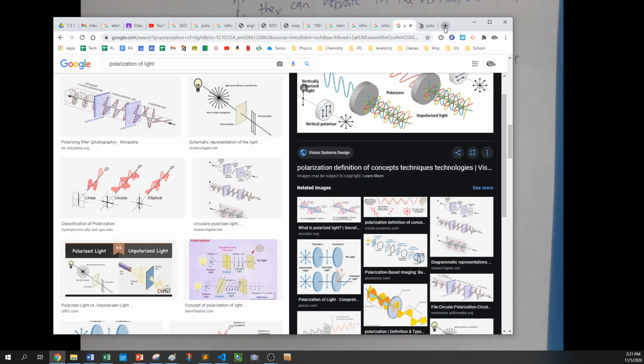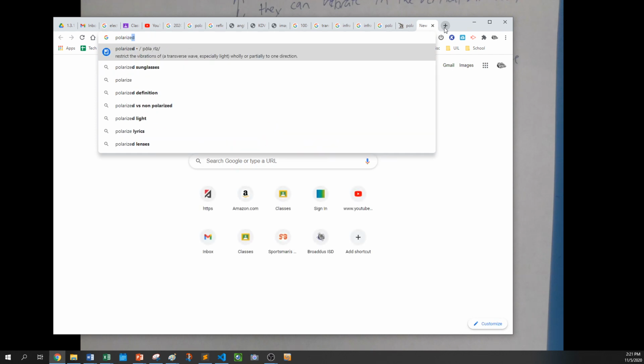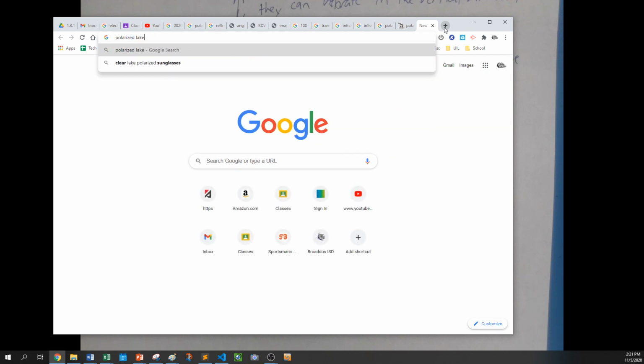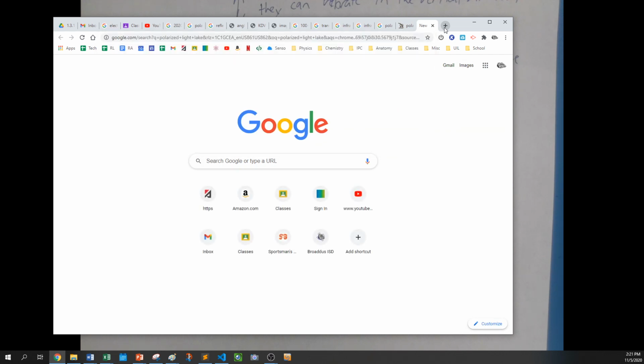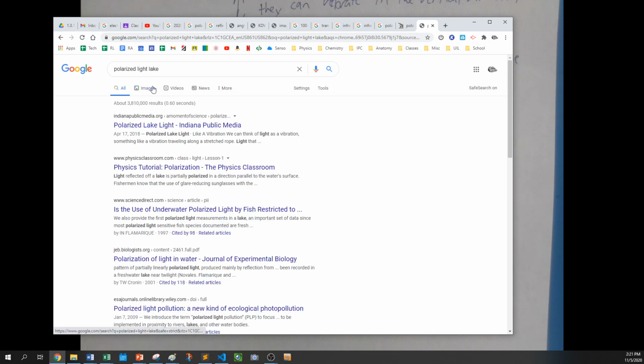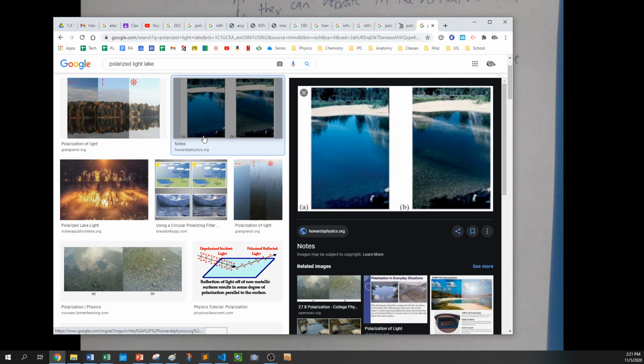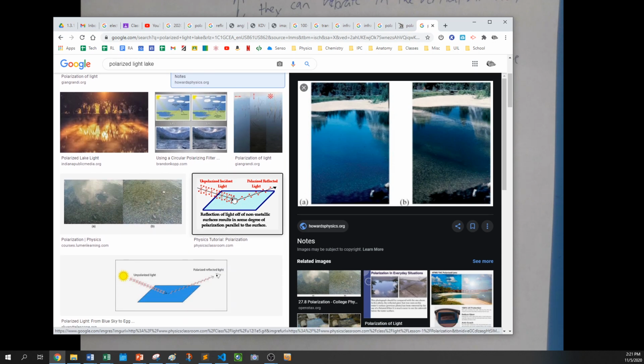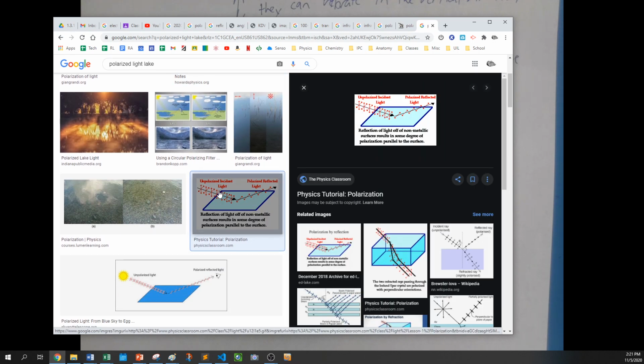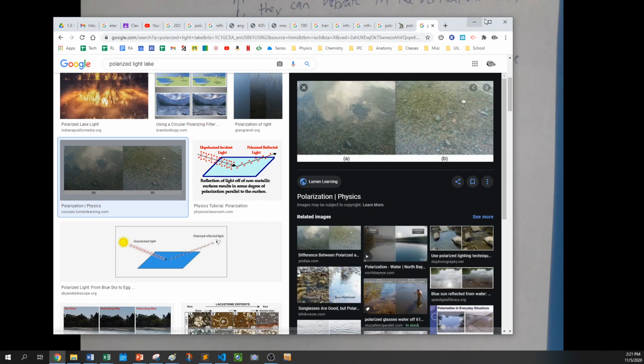So let's see, polarized lake light. See if I can find that image. Here we go.